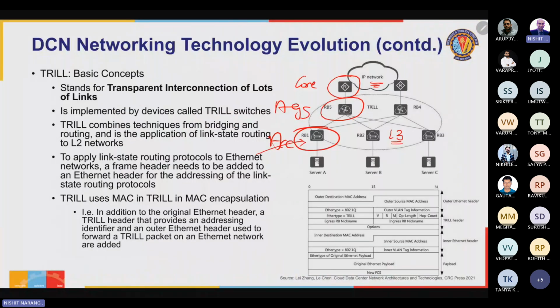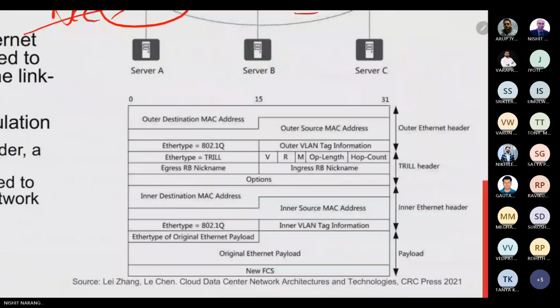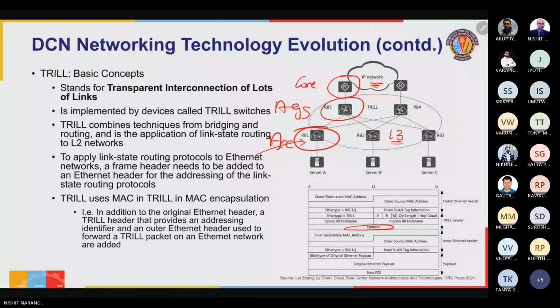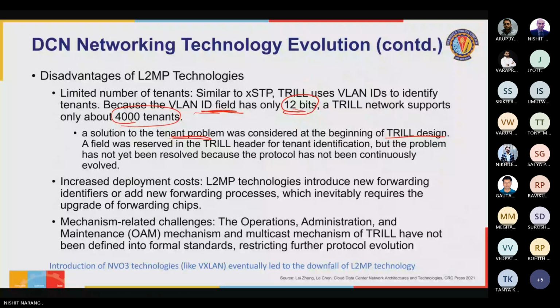I'll show you the Trill protocol header again. See this options field over here? They reserved 32 bits in the Trill header. So a field of 32 bits was reserved in the Trill header, which they said they will use later. Instead of VLAN ID, they will use this field for tenant identification. That's what the plan was.